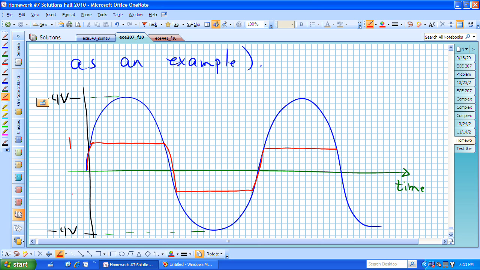So here's 1 and here's -1, and that's what it would look like. The red curve is the actual response when we have current limits imposed by trying to draw the maximum current for that low of an output resistor.